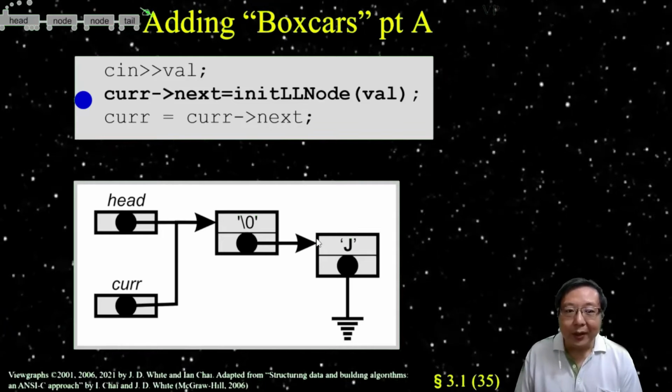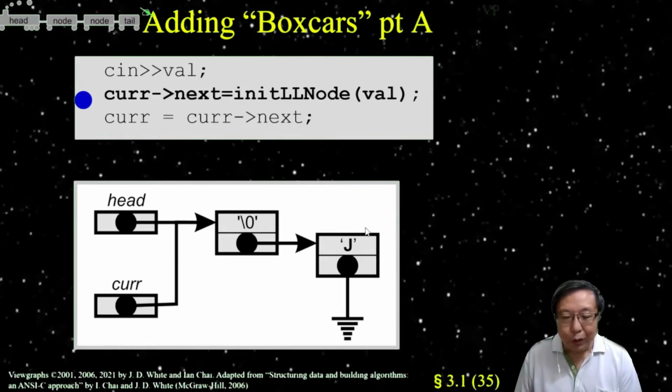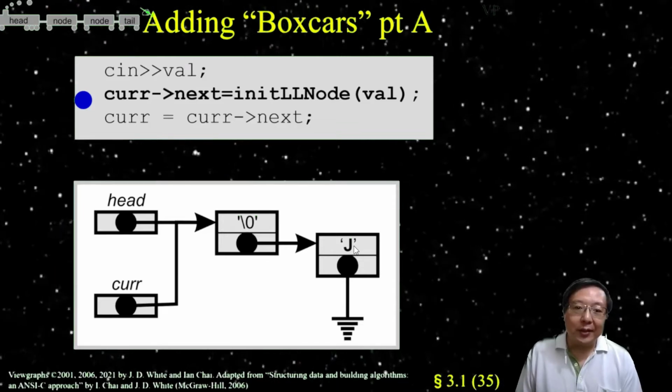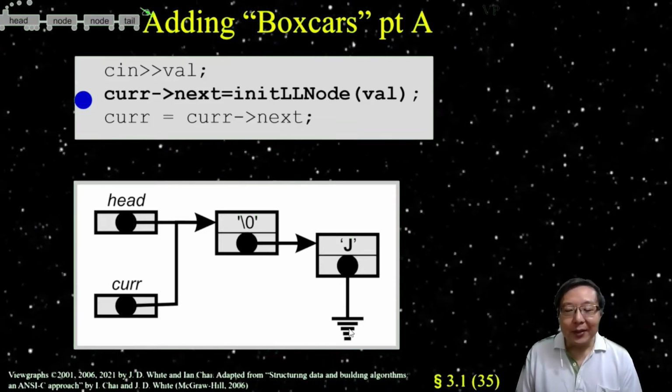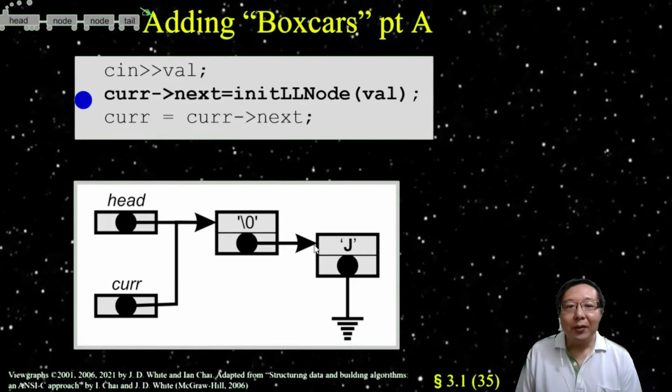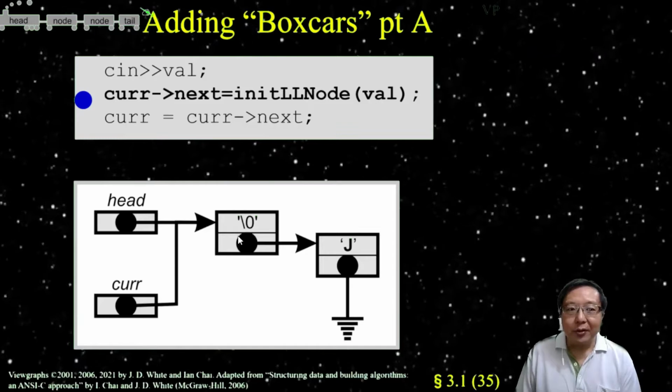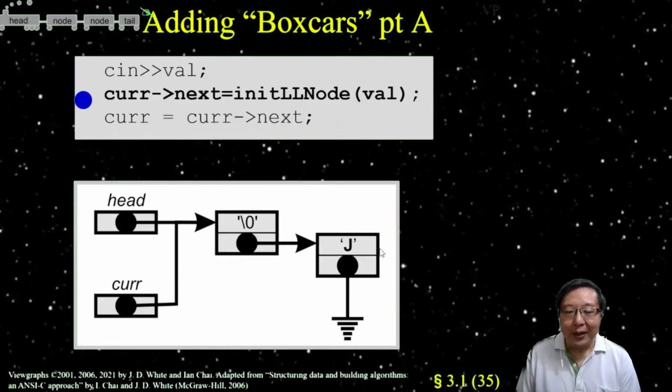So we call initLLNode, which makes a whole new node, initializes it to val, which in this case is j, and initializes the next to null, and that value gets given back to car arrow next. So car arrow next is now pointing to this guy.